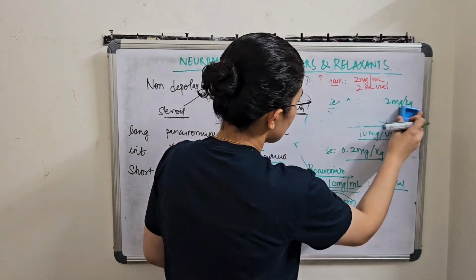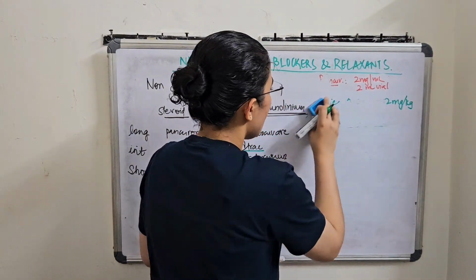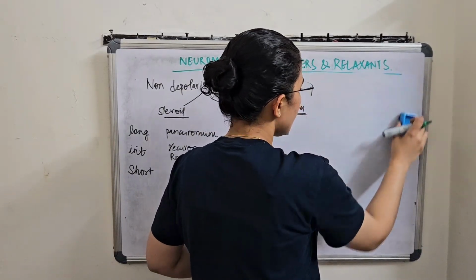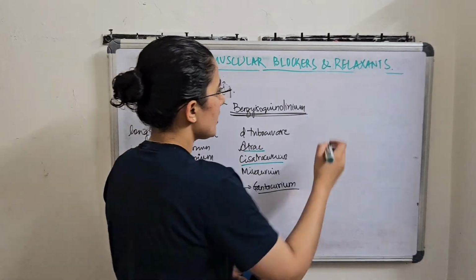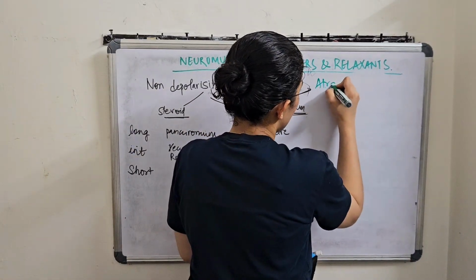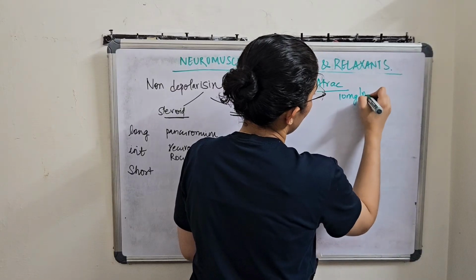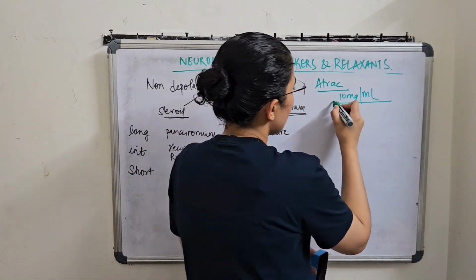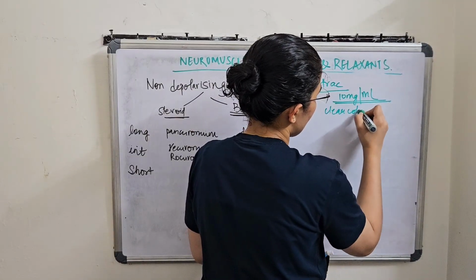Atracurium and cis-atracurium both have a special feature: they are not dependent on the liver for metabolism and kidneys for excretion, right? Atracurium is available as 10 milligram per ml, as a vial or ampule, a clear colorless solution.